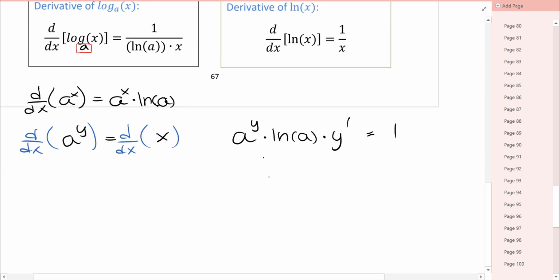So you get y prime equals 1 over the natural log of a times a to the y.